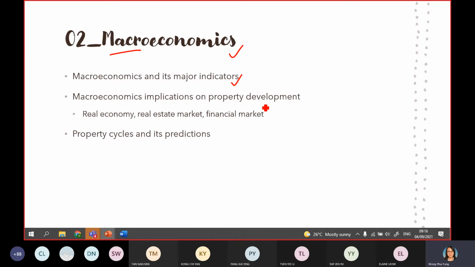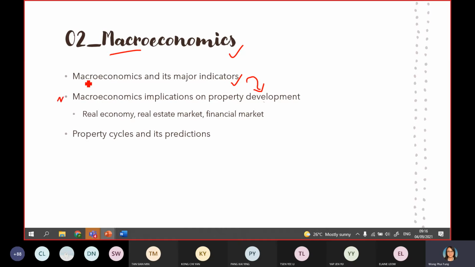These are some of the indicators that are very important to govern the performance of the economy of our country, whether healthy or not healthy. All these major indicators are very related to property development.